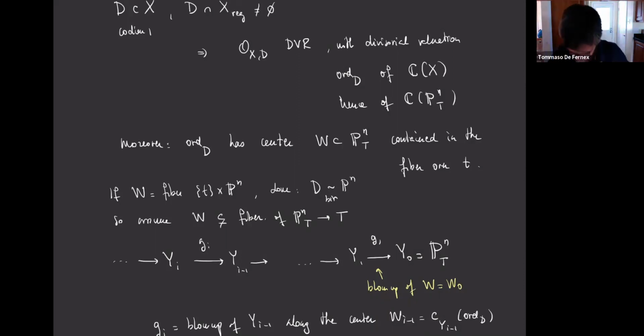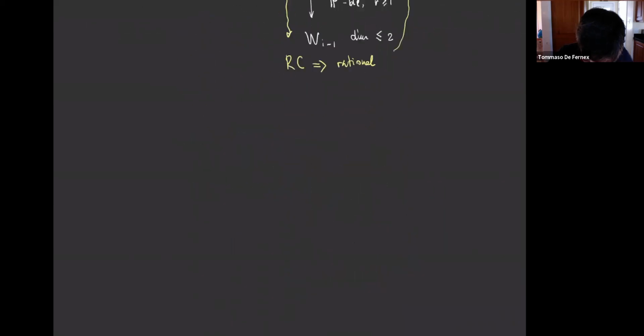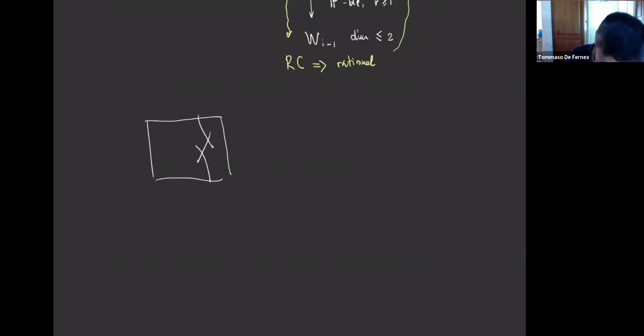So the point is that, let me draw a picture again. On one side, I have this family of varieties, which degenerate to something which has many components. And D is one of those components.